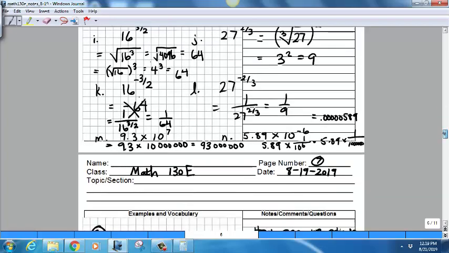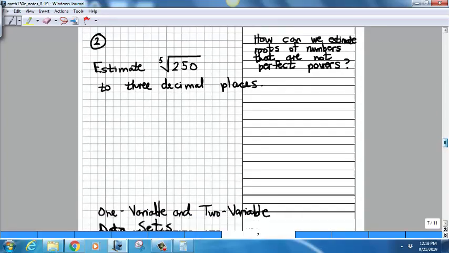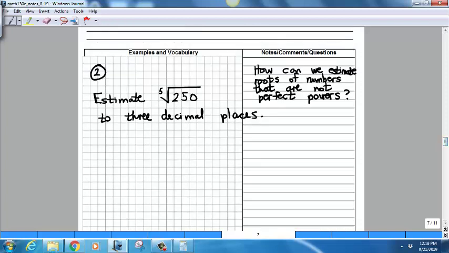All right, here's kind of our last question about exponents. Suppose we wanted to estimate this number, the fifth root of 250.